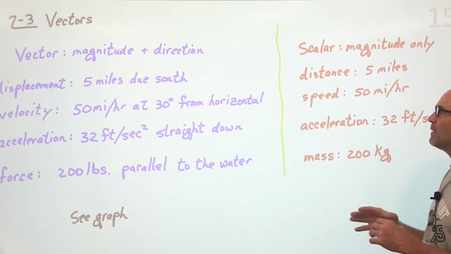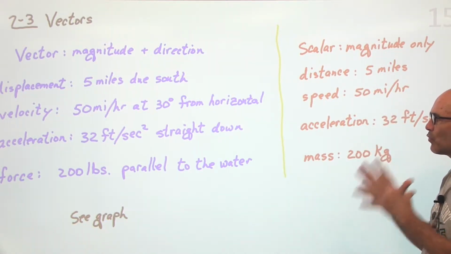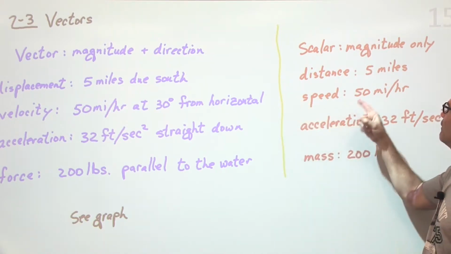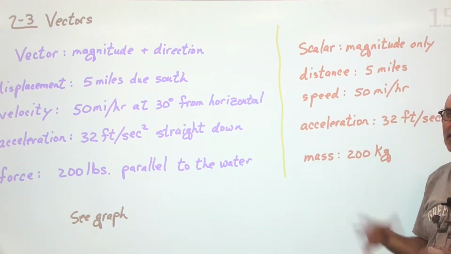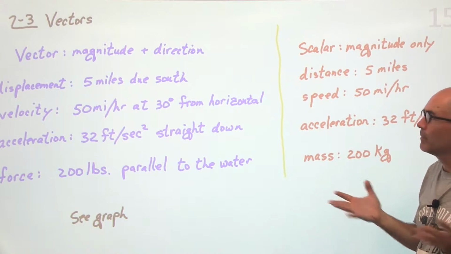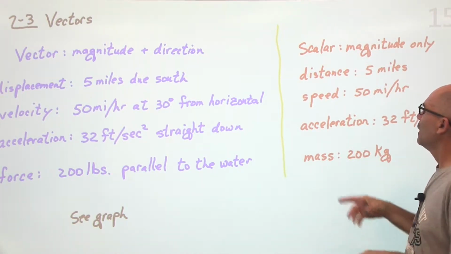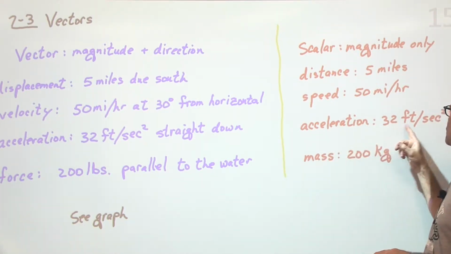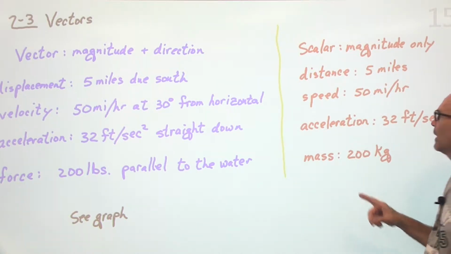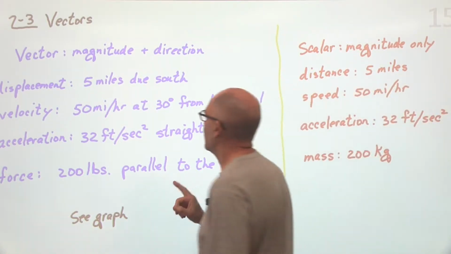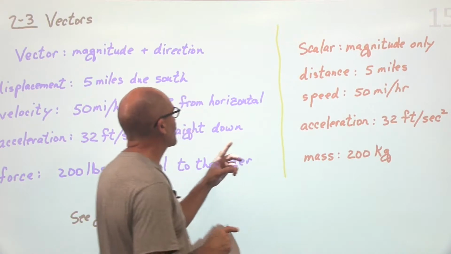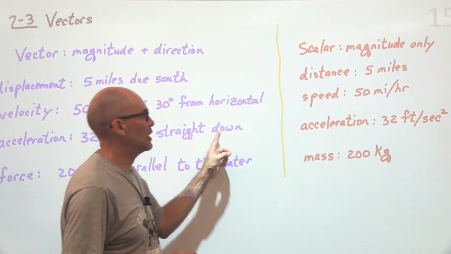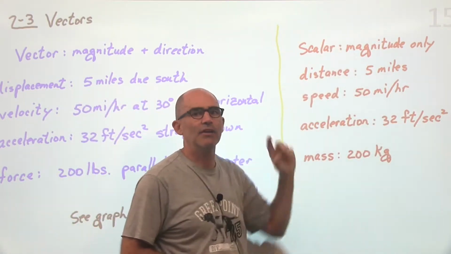Now, if I say 50 miles per hour at a particular direction, that's a vector. If I say just plain 50 miles an hour, that's just an amount, a magnitude. Same thing with acceleration. 32 feet per second squared is an acceleration, but it's only a vector quantity if I give you a direction. With no direction, it's scalar.